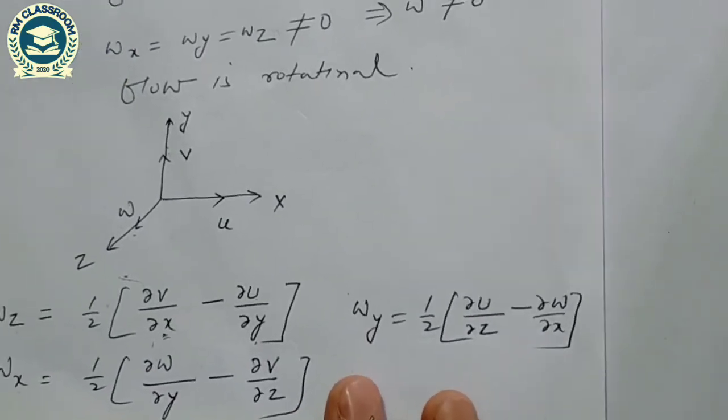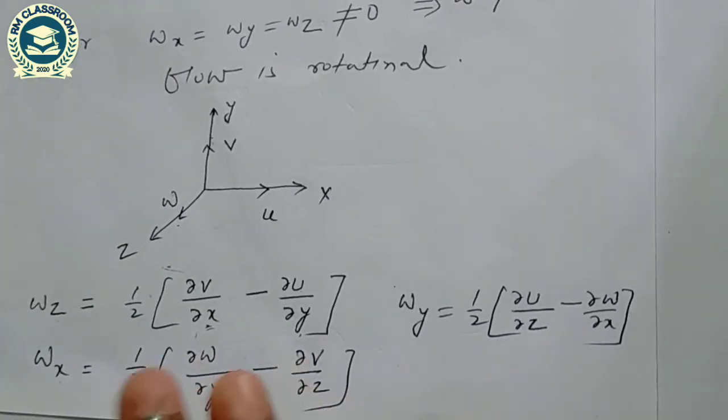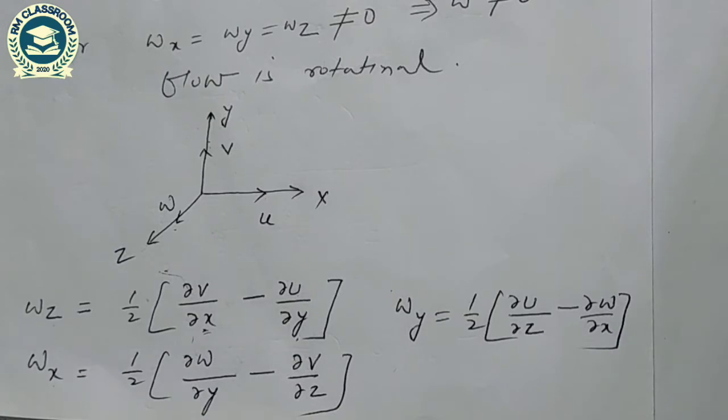So these are the velocity components we have to remember, because in the question, whether it is asked the flow is irrotational or rotational, firstly we have to compute the value of rotational component in x, y and z direction. If it is 0, then our flow is irrotational, otherwise it is rotational.